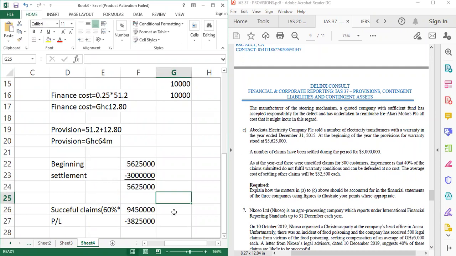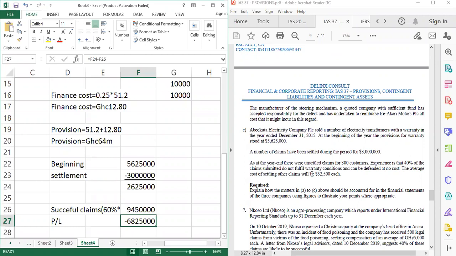By how much has our provision increased? That is what we look at. So we take the 6,825,000 to the statement of profit or loss. That is the increment in the provision. That is the additional expense that we are incurring as a result of the provision.